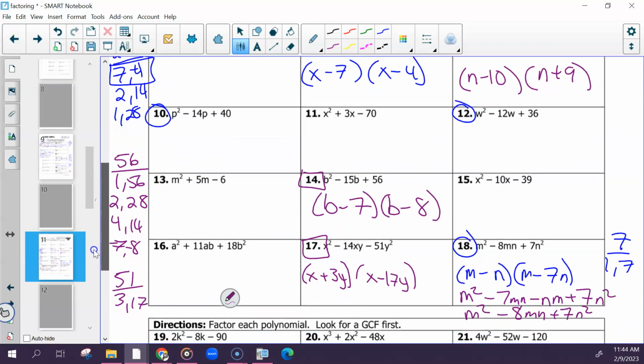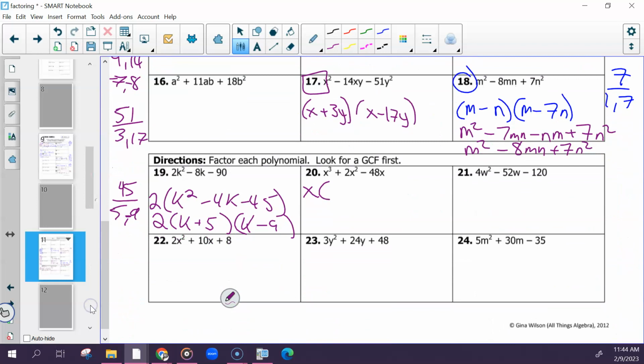Aaron, say that one more time. I heard x squared and then. Then you're thinking about factors of 48. Okay.